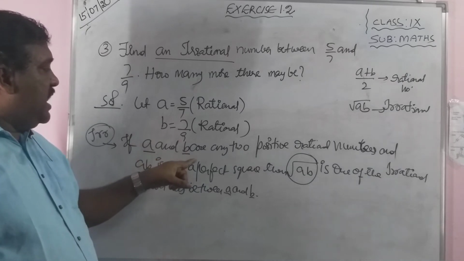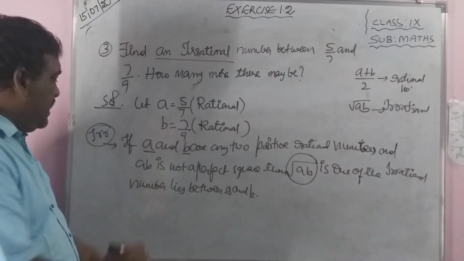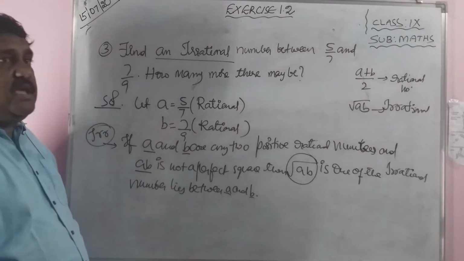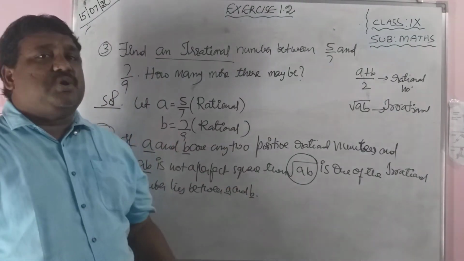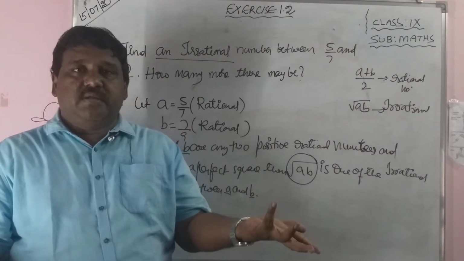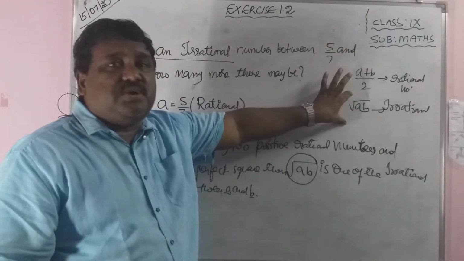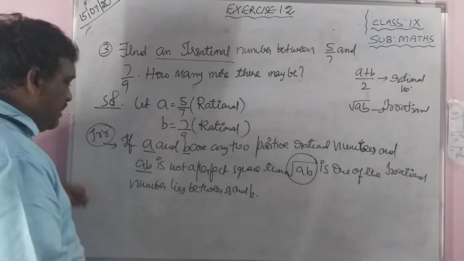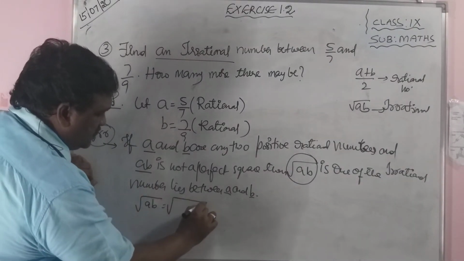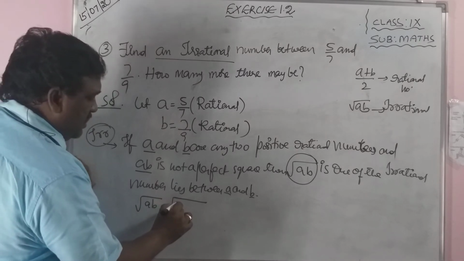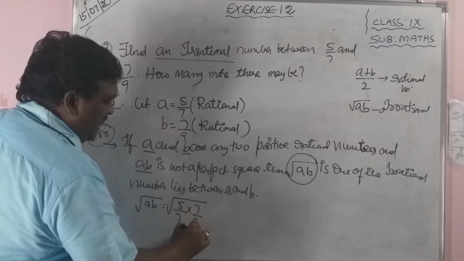If a and b are any two positive rational numbers and ab is not a perfect square, then root ab is an irrational number, while a plus b by 2 is rational. Then find root ab. The a value is 5 by 7 and the b value is 7 by 9.